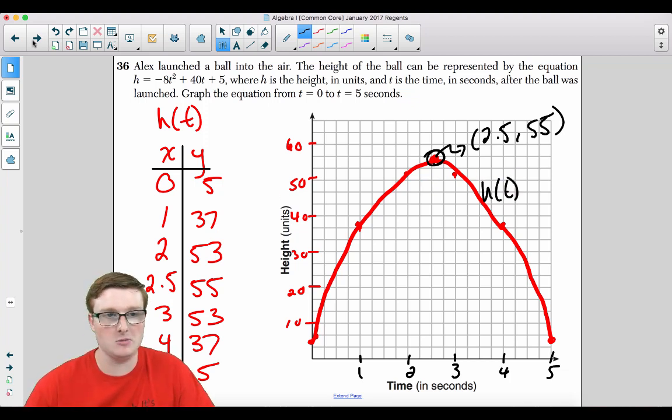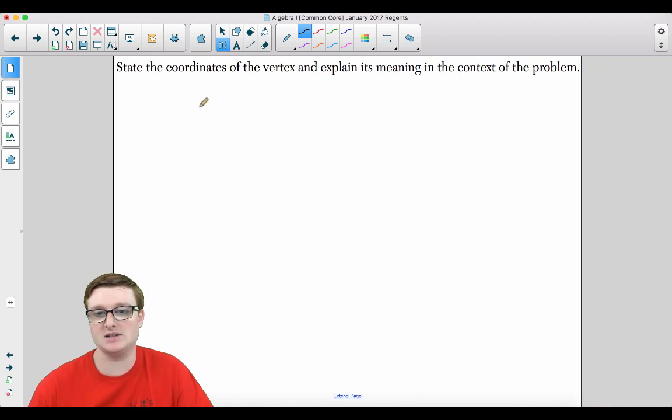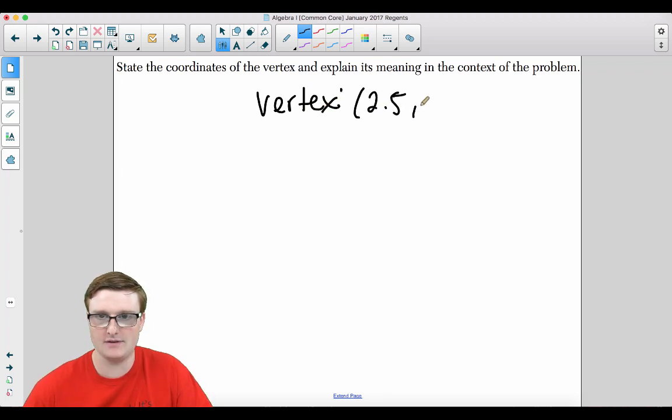All right, now there's a follow-up question. State the coordinates of the vertex, and we just found the vertex. The vertex is equal to 2.5, 55. And it says explain what it means in the context of this problem.